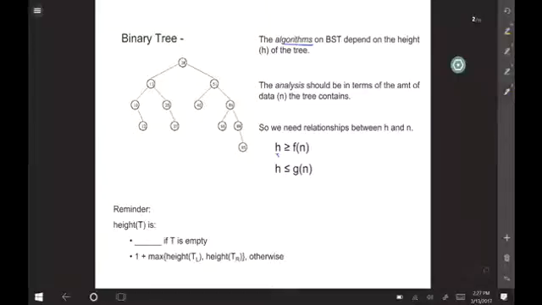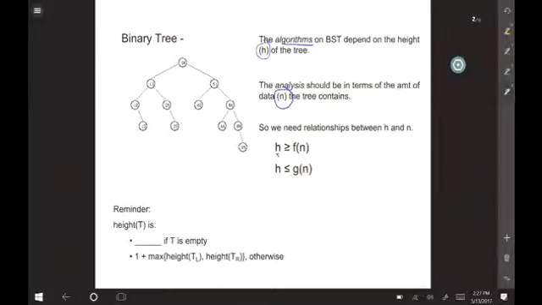Nobody on the planet wants to hear about your algorithm in terms of the height of some structure. Algorithms are always valued by how they do on the amount of data the structure holds. That is, we want an argument about n even though our algorithms run in time proportional to h. Does that make sense? So our algorithms do one thing, but our structures hold n amount of data. We need to reconcile the two.